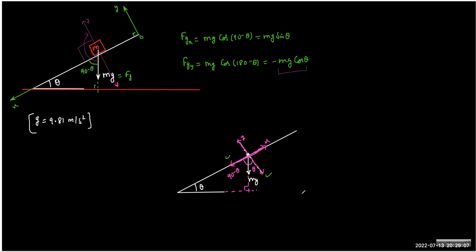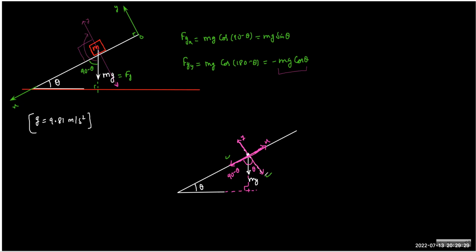So mg will have only two components in the mutually perpendicular directions, meaning two in the given directions. One down the plane, another normal to the plane. Do you realize this?